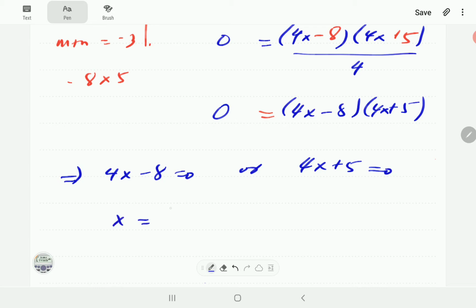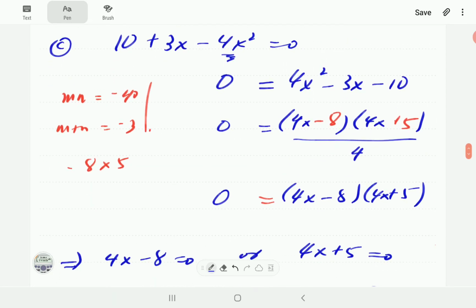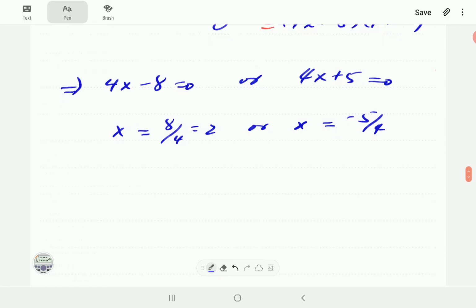From this one, x is going to be 8 over 4, which is 2. This one is going to give us x is negative 5 over 4. Again, these we can check by plugging into the equation.